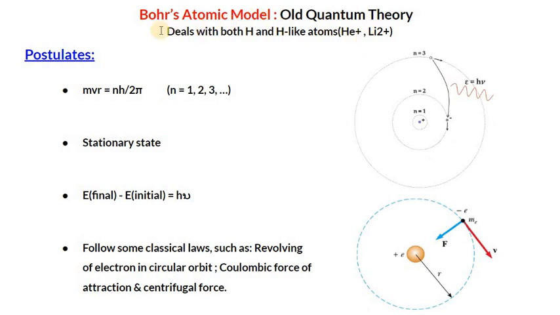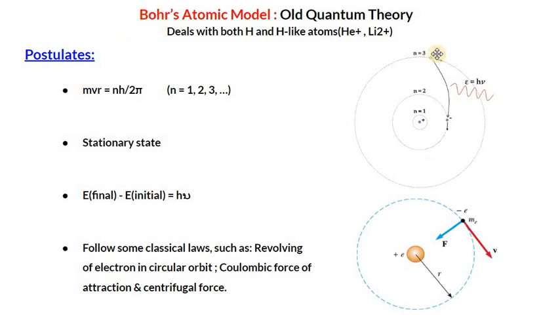So in the Bohr model, we need to consider both. In the future we will get to know about quantum mechanics and the quantum mechanical postulates, but for now you know about classical mechanics. In Bohr theory, some kind of classical mechanics is involved. That's why Bohr theory is a product of old quantum theory, right?